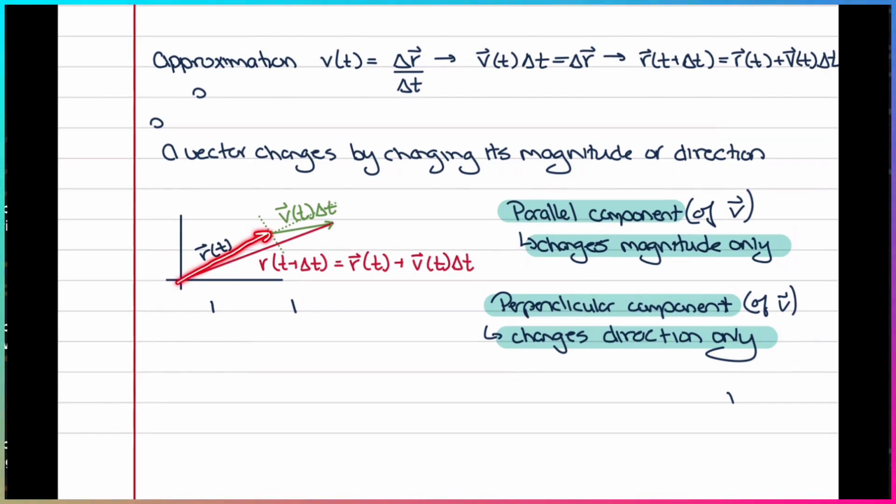You have the original vector, and it got longer. Essentially, this part here is the part of v that is parallel to r. That made it ultimately longer. Then I have the original vector that got shifted down a little bit. It got shifted in direction by the component of v that happened to be perpendicular to r.